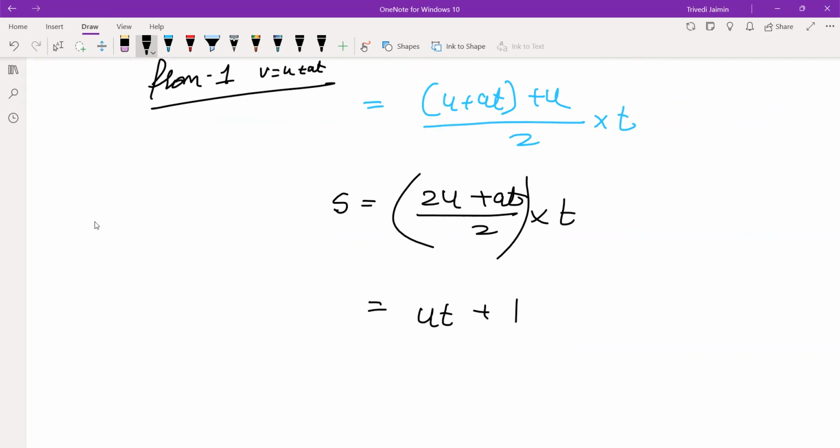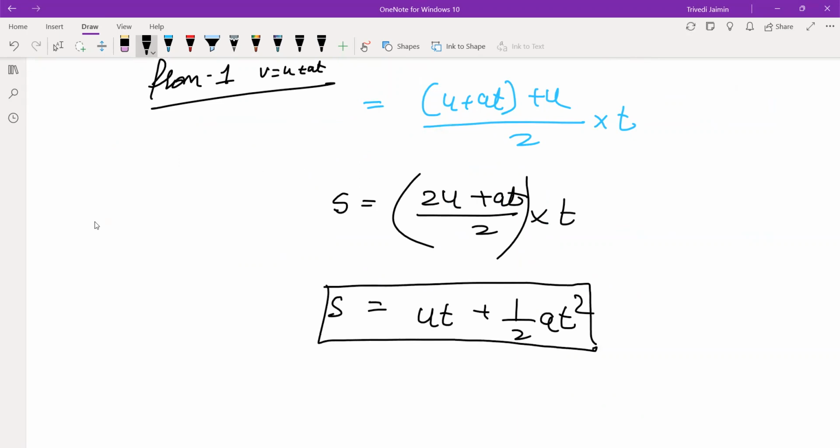And then S equals UT plus 1 by 2 AT square. So this is the second equation. Now, quiz.